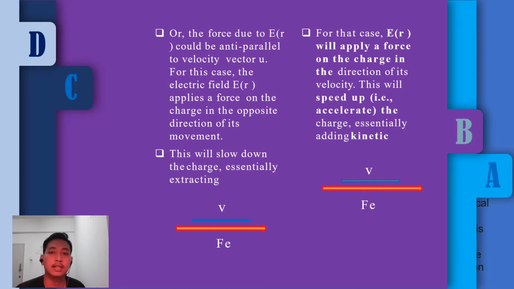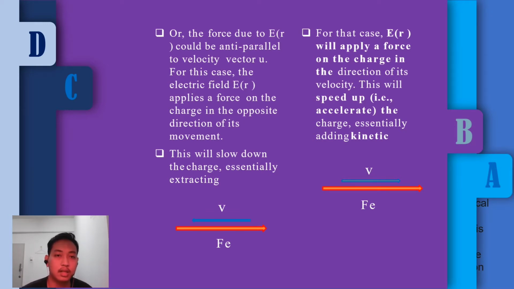For that case, E will apply a force on the charge in the direction of its velocity. This will speed up the charge, essentially adding kinetic energy. This is the velocity, and this is the Fe. Next point: the force due to E could be anti-parallel to the velocity vector v.